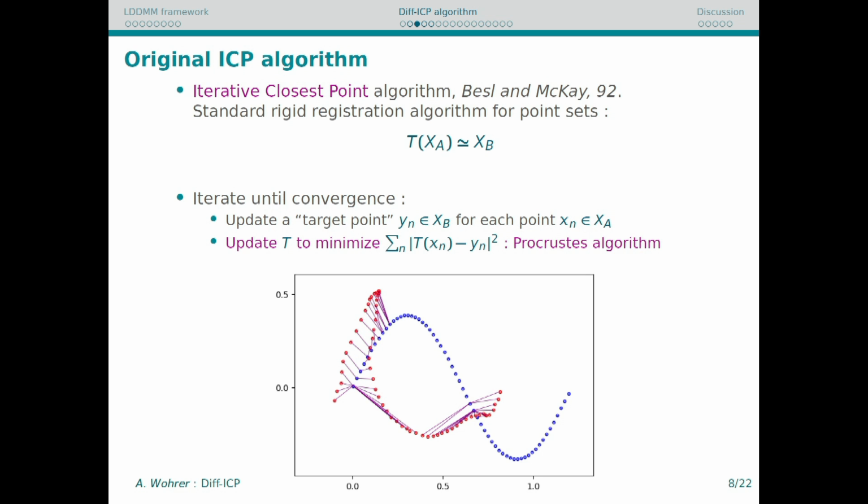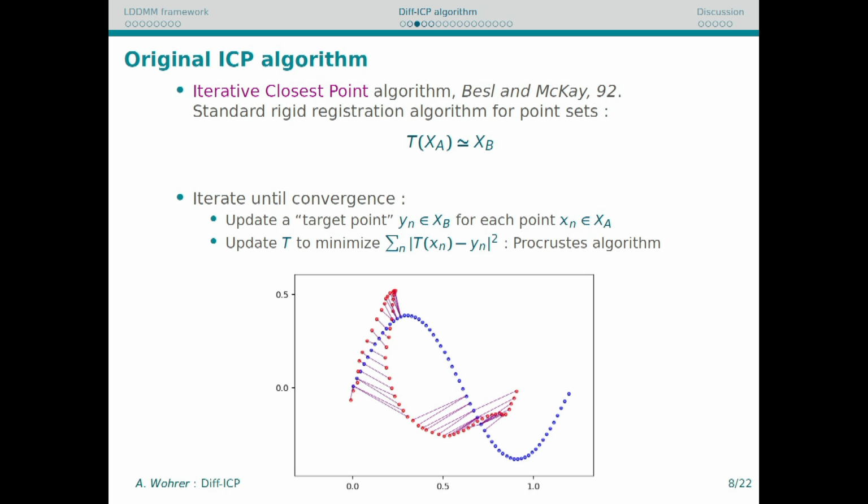So here's the best rigid transform that I can apply to meet the target. But then when I apply it, the targets have changed. So I must again update the rigid transform. And I do that until it converges. So that was the original proposition. And you see here it's converged. So it's not basically what we would expect. It seems to fall in local minima. So the idea was nice, but it's not very robust.